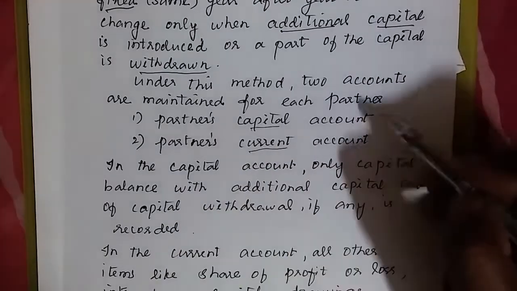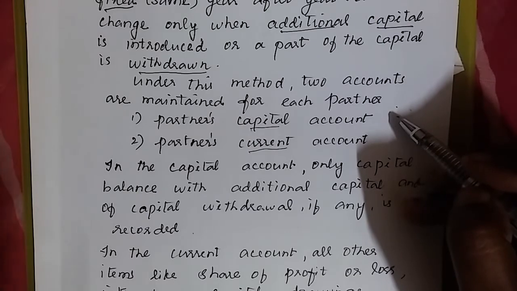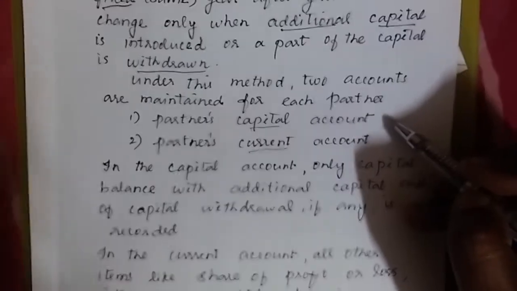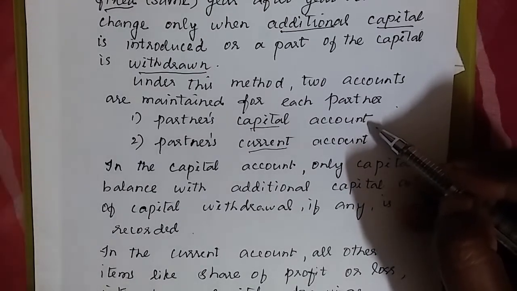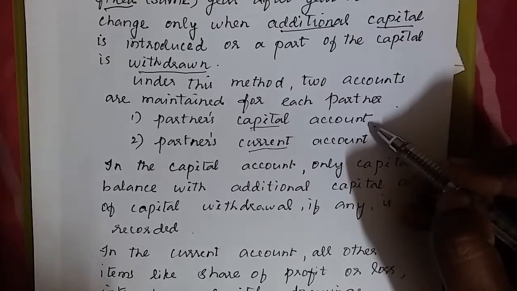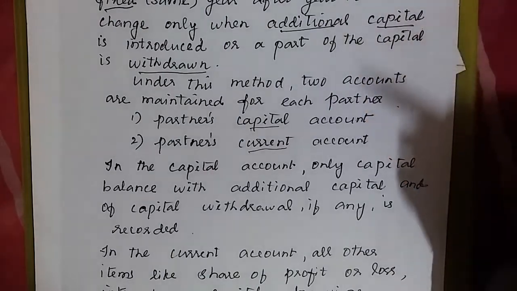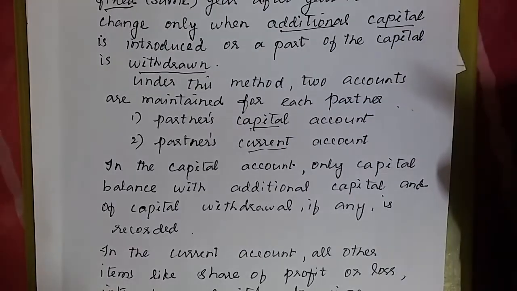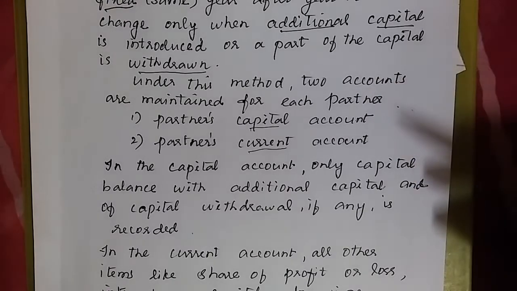As I mentioned, in this capital account, we do write opening capital, additional capital and drawings if there is. Except these items, we should not write other adjustments in this capital account. Then where do we write the adjustments? We should write all other items like share of profit, drawings, interest on drawings, interest on capital, remuneration of the partners.